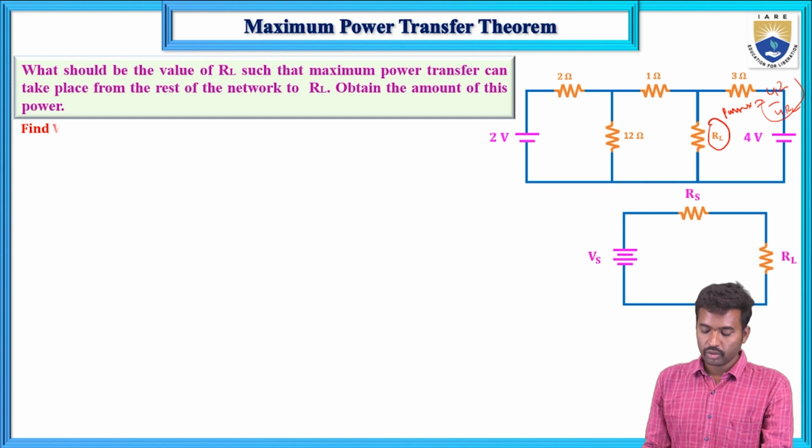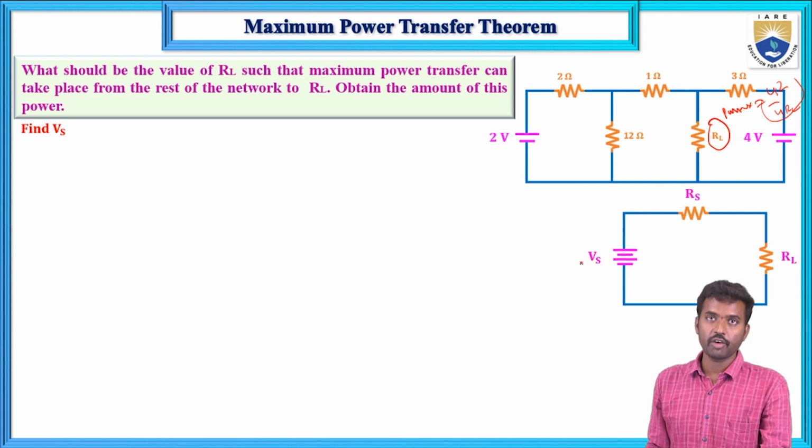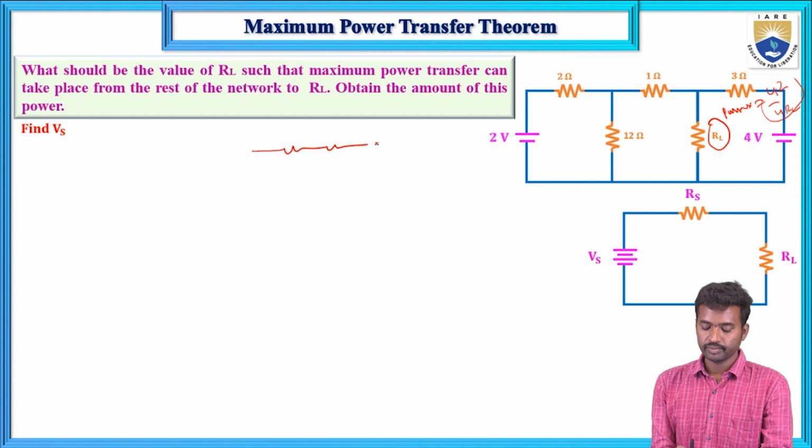Now, to determine Vs, first remove the load resistance from the given circuit and calculate the open circuit voltage. That open circuit voltage is known as Vs. Now I am drawing the circuit.